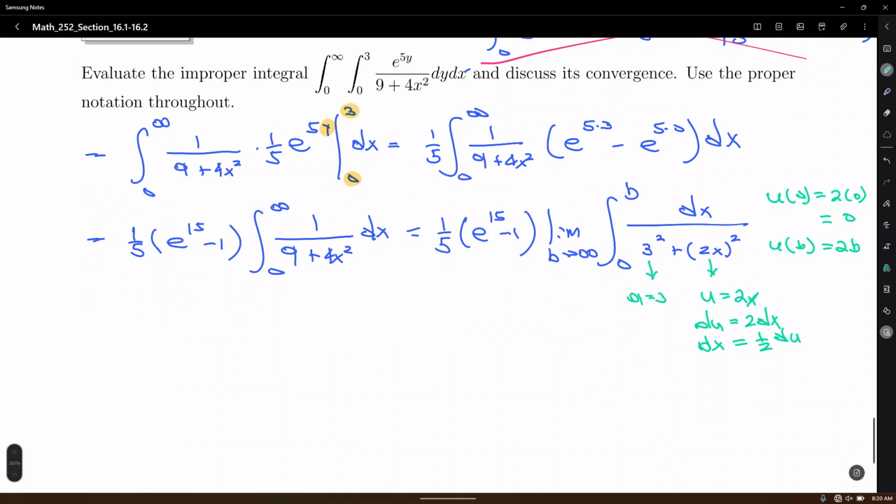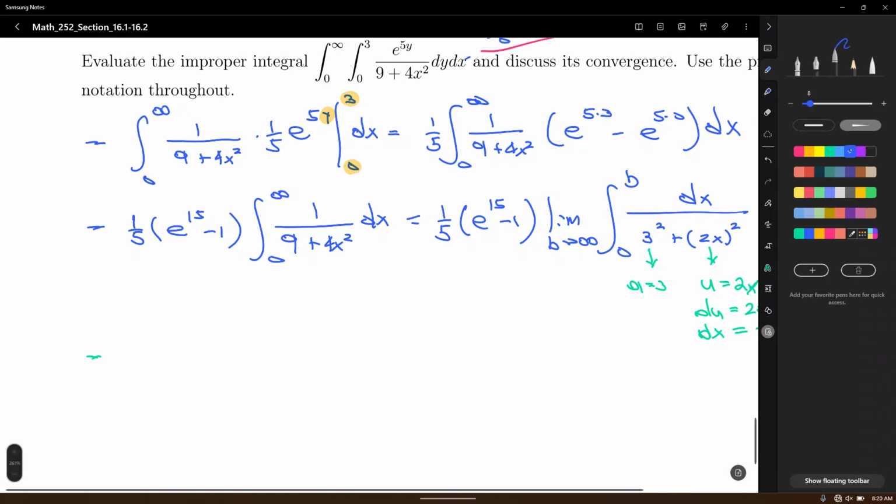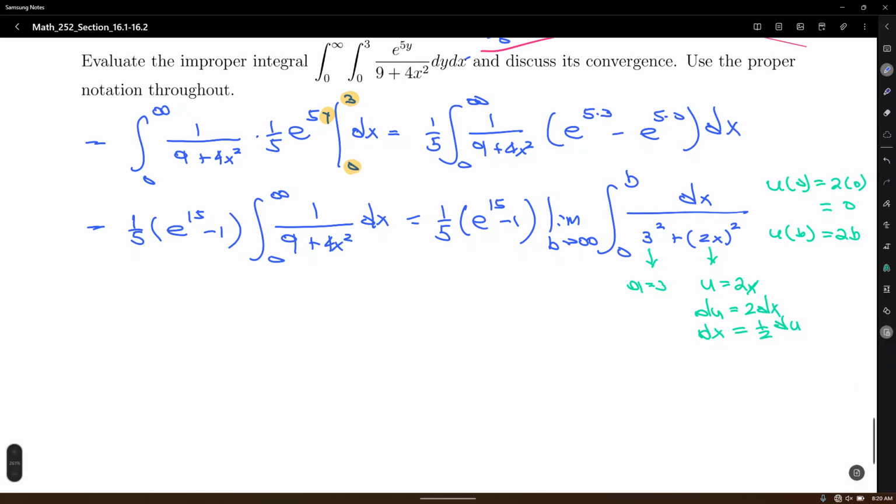All right. So what is that going to be? Number 1, that is 1/5 e to the 15 minus 1, limit as b approaches infinity of the integral from 0 to 2b of 1/2 du over a squared plus u squared.